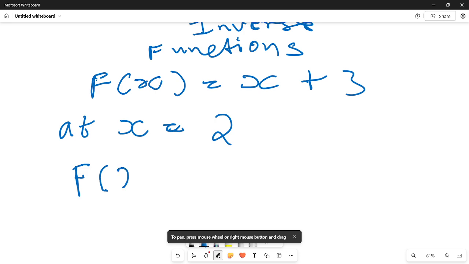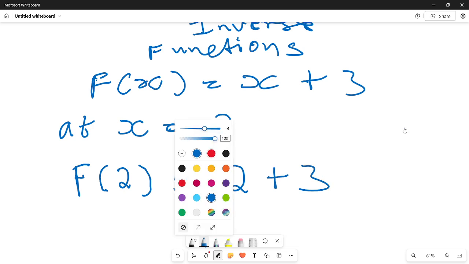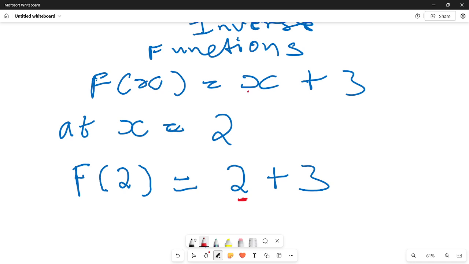Where there's x, we are putting 2. So it means we are evaluating the function x plus 3 at x equal to 2. So f of 2 in this case is going to be equal to 2 plus 3. Where there is x, we put 2. So that's evaluating a function at a point.